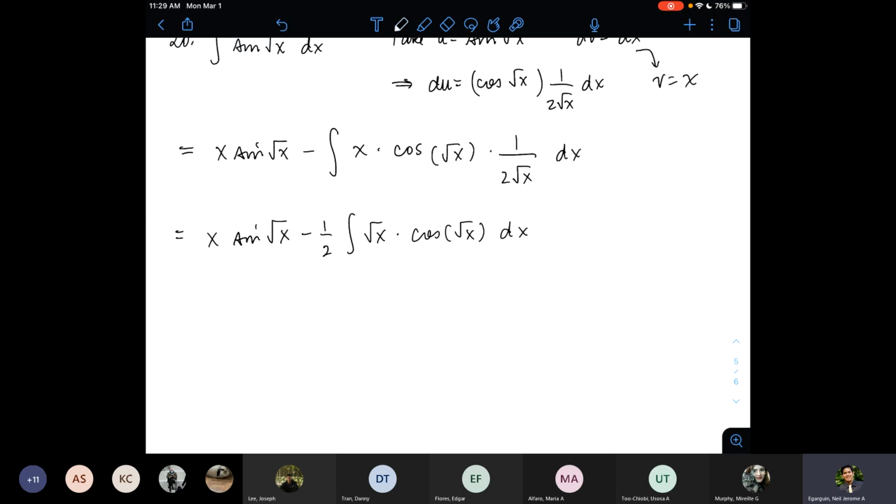Remember for IBP, so here IBP again. And we'll use the mnemonic ISLATE, right? So what we have here, we have an algebraic function, root x, and a trigonometric function, cosine of root of x.